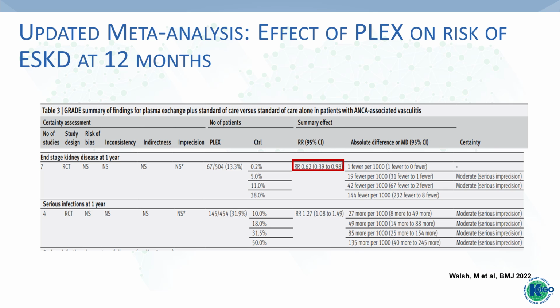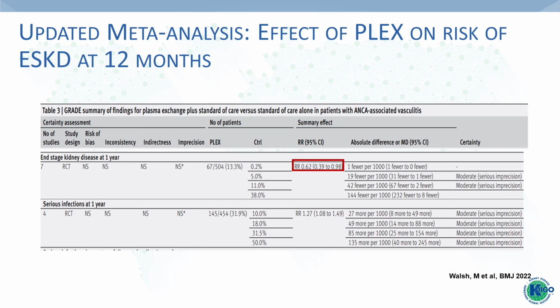So as everyone knows, the TEXIVAS trial did not show a benefit of Plex on kidney survival at 12 months or longer. But after the TEXIVAS trial was completed, a previously done meta-analysis was updated, including the TEXIVAS patients, and this basically showed that Plex indeed had a beneficial effect with a reduction in end-stage kidney disease with a relative risk of 0.62 at 1 year.